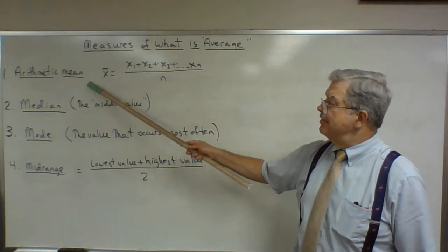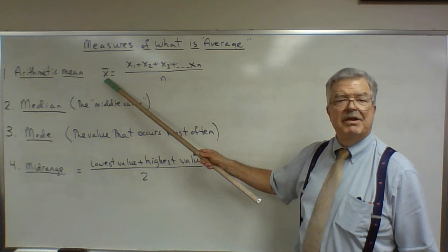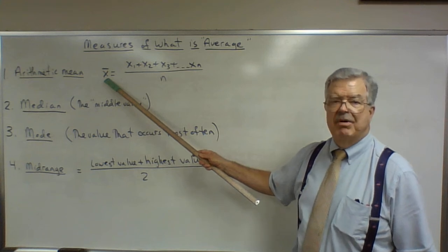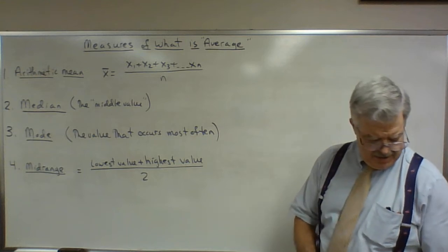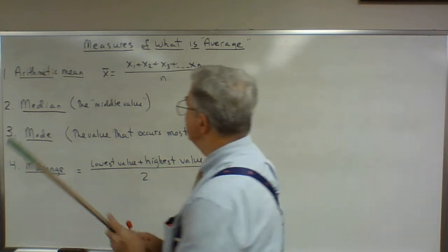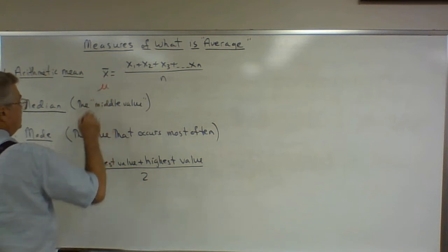The first method that we have is the arithmetic mean, and we can represent this by x bar, an x with a bar over it. We can also represent it by the Greek letter mu.